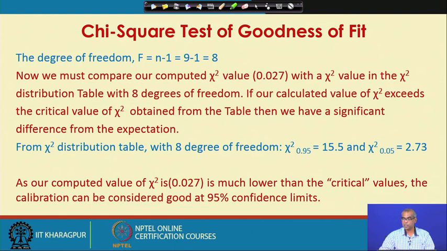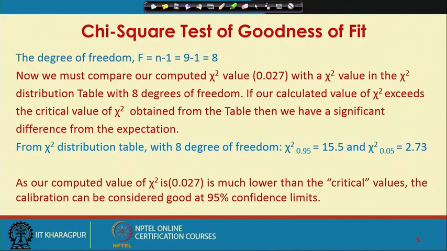If our calculated value of chi-square exceeds the critical value of chi-square obtained from the table, then we have a significant difference from the expectation. If our computed chi-square value is less than the critical value obtained from the table, then the data we have obtained are expected. So, from the chi-square distribution table with 8 degrees of freedom, let us find the chi-square corresponding to the 95% confidence level as well as the 0.05 level.